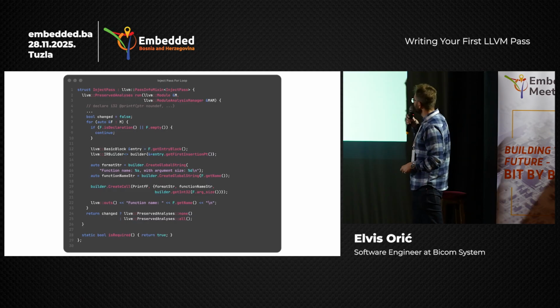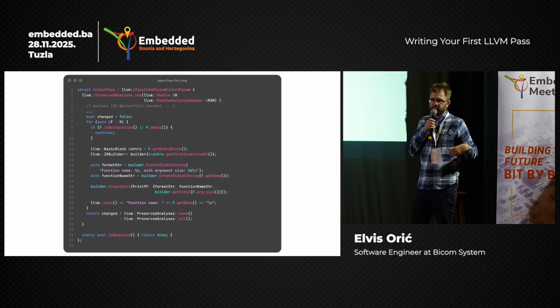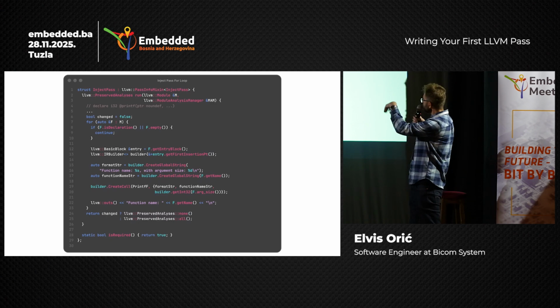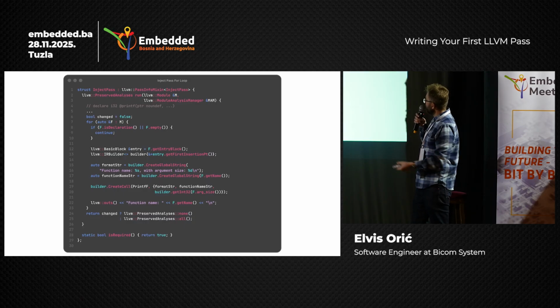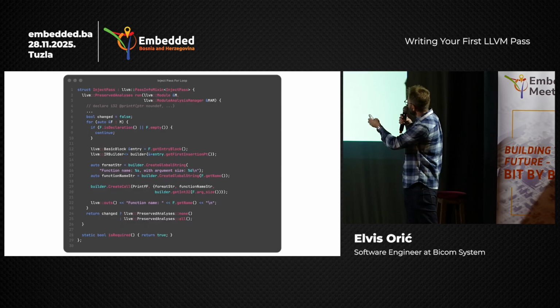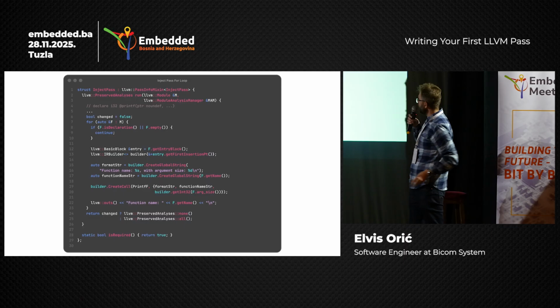And then on line 19, what we are actually doing is injecting a call to that printf function. And that's basically it. We will just return whether we changed something or not.